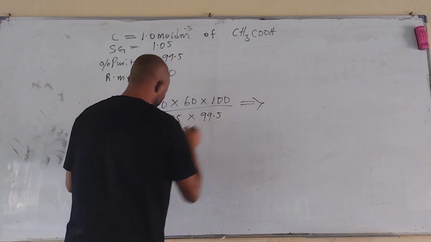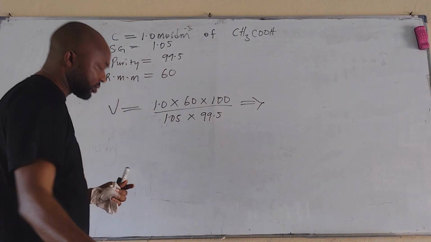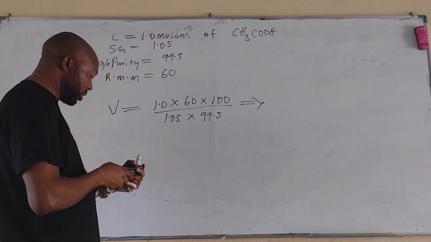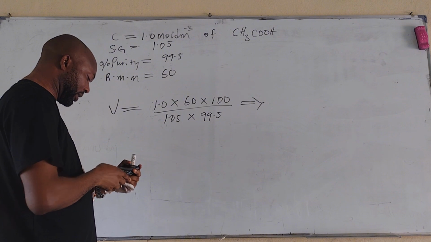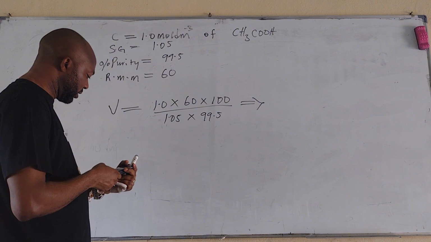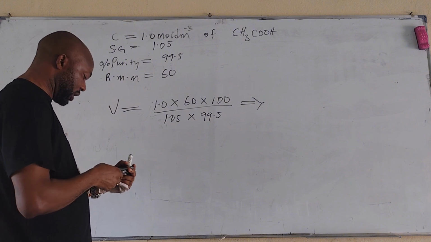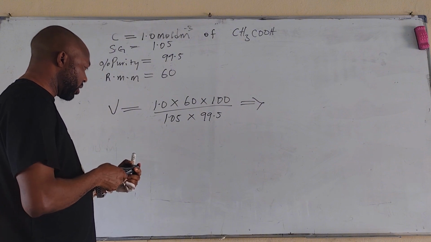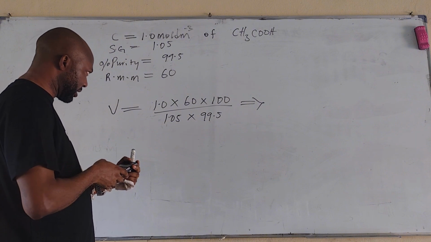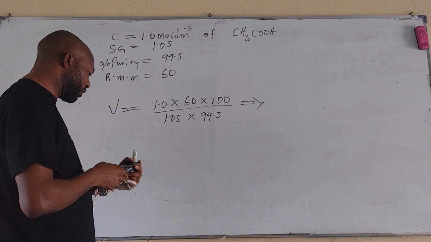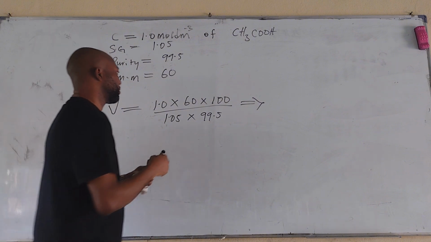This equals what? 1 times 60 is 60, times 100, which is 6,000. Divide by 1.05 and also divide by 99.5. That gives us 57.4.